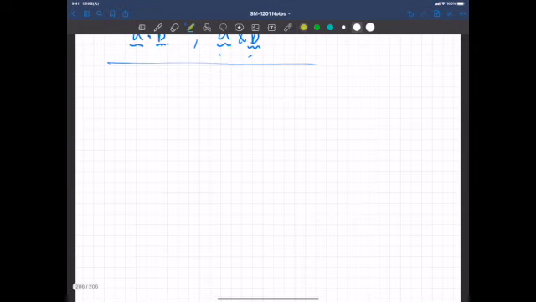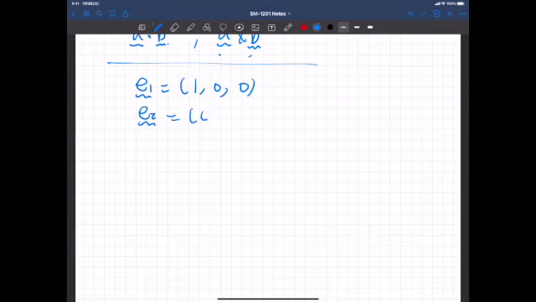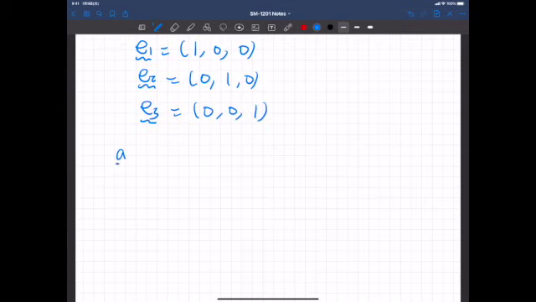If you define three orthogonal unit vectors, that is E1 = (1, 0, 0), E2 = (0, 1, 0), and E3 = (0, 0, 1), then A cross B can be formally written as a matrix determinant.